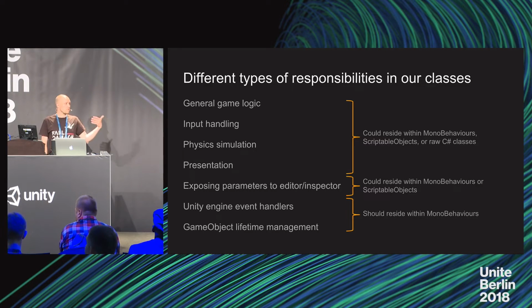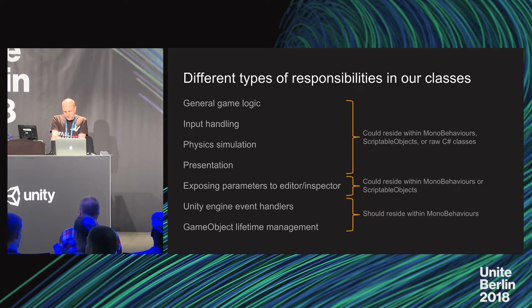The parameters that we're exposing for tweaking will either need to reside in MonoBehaviours, or we could move them over to ScriptableObjects, just like we did with the shared parameters. So there's only that last little set of things which really must reside within MonoBehaviours.